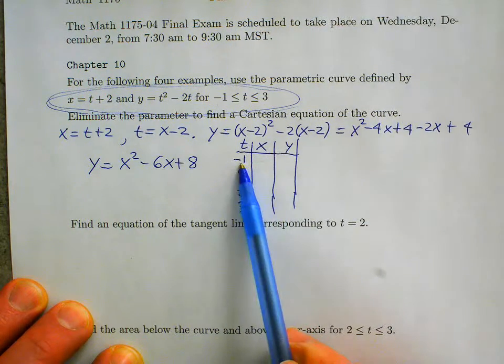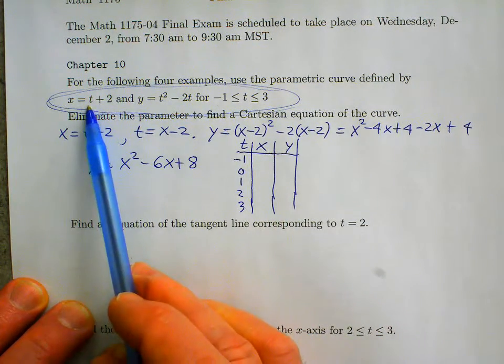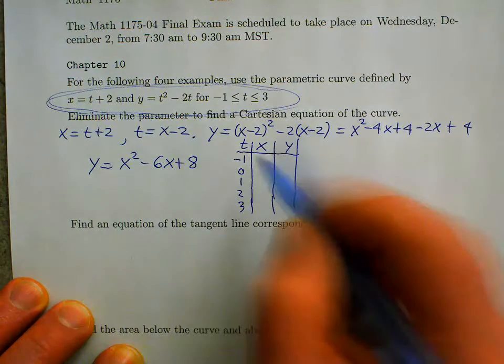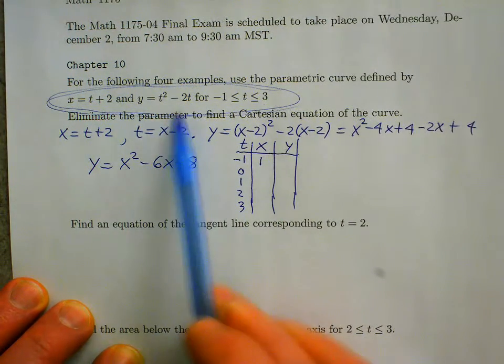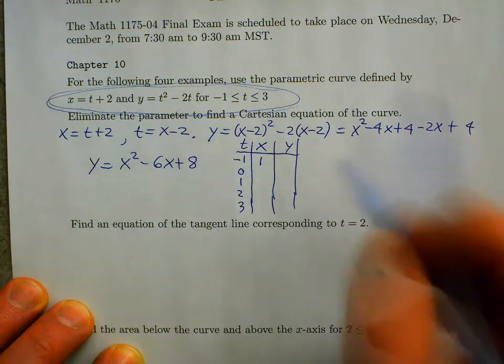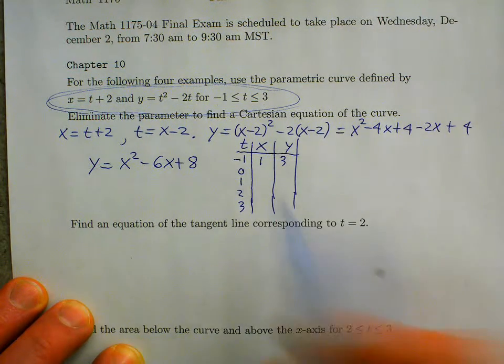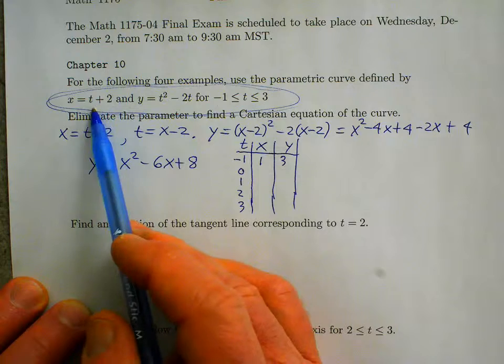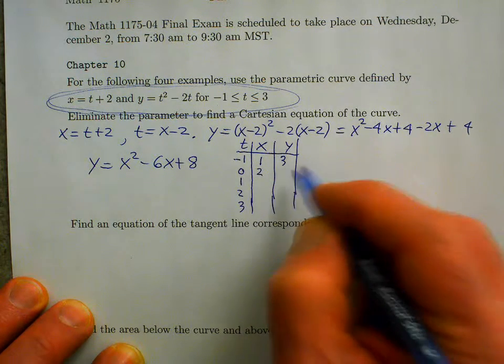Okay, so when t is -1, the x-coordinate, -1 plus 2, is 1. And the y-coordinate, -1 squared is 1, minus -2 is 3, so (1, 3). When t is 0, the x-coordinate is 2, the y-coordinate is 0.